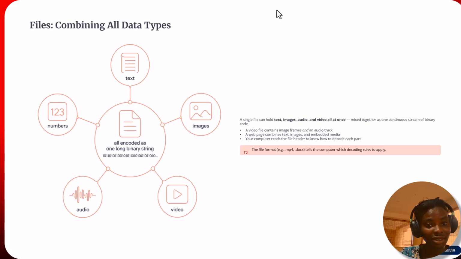Text is represented using character encoding systems such as ASCII and Unicode. Images are represented using pixels and numerical color information. Sound is represented using digital samples. Video combines image frames and sound. Ultimately, all of these forms of information are stored and processed as digital data using patterns of bits.